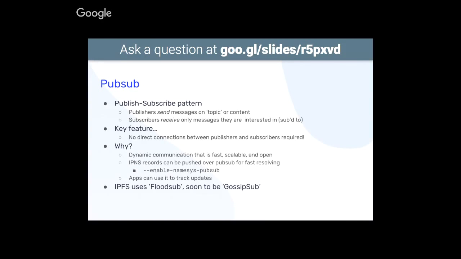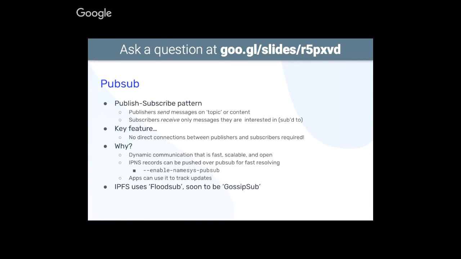Right now, IPFS uses something called floodsub, which is an implementation of pubsub that essentially just floods the network with messages. And then the peers are required to listen to the right messages based on their subscriptions and ignore everything else. So this is a sort of first pass, not maybe the most ideal one, but it works pretty well already. And we'll see next session that we'll actually take advantage of this a little bit.